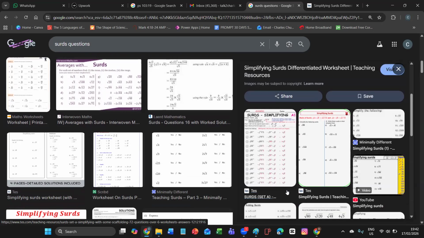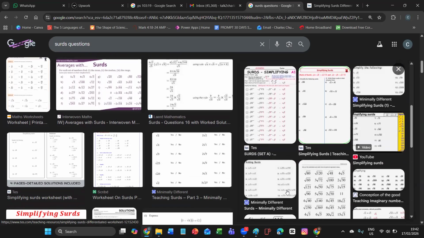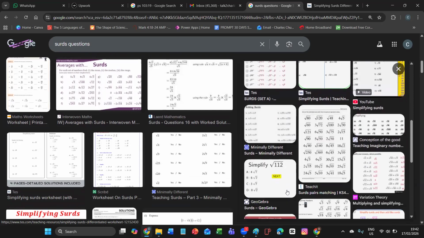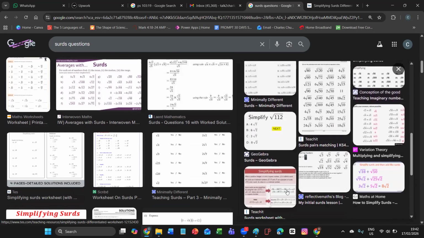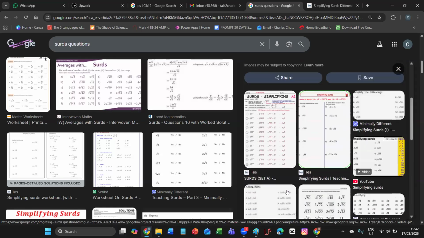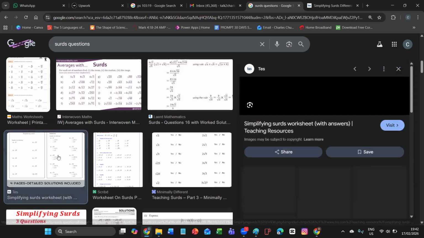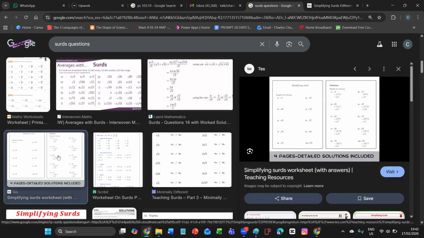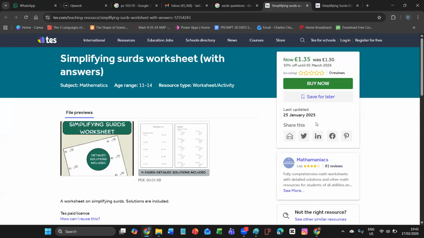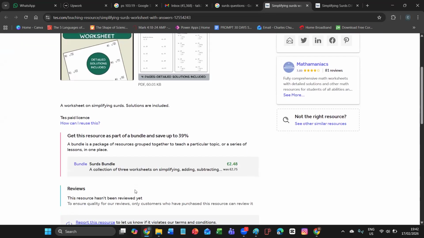Simplifying sorts that have fractions. Okay. No. Let me see what is on this one. They're looking really, really tiny. Let's see what this one says.